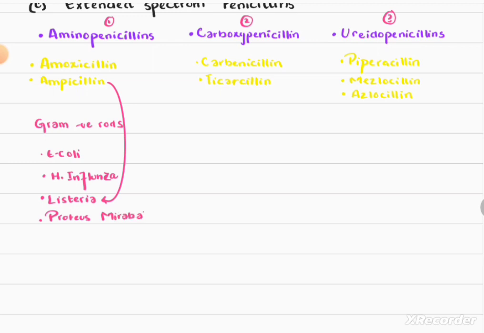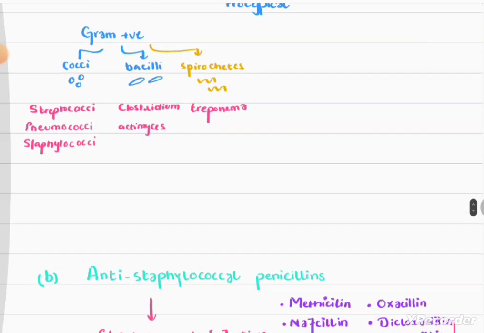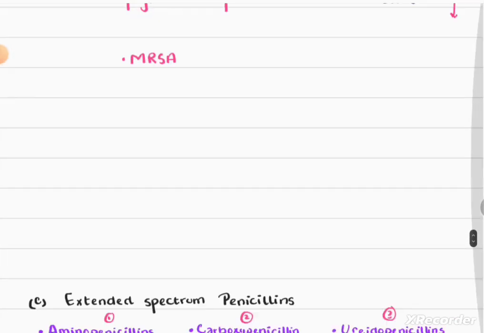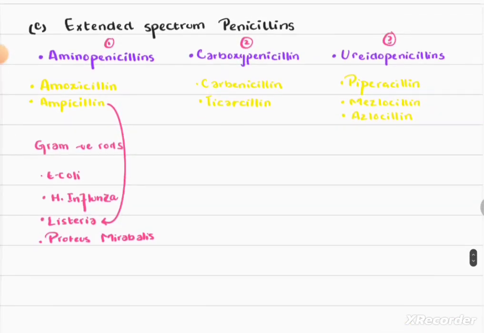So along with the activity we started with in penicillin V and penicillin G, it also has activity against all these gram-negative rods. So it has a much broader spectrum. They're also active against enterococcal and listeria infections. Ampicillin is usually synergistic with aminoglycosides as well.